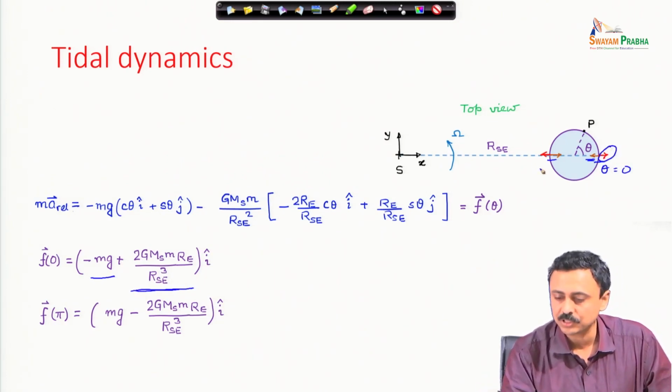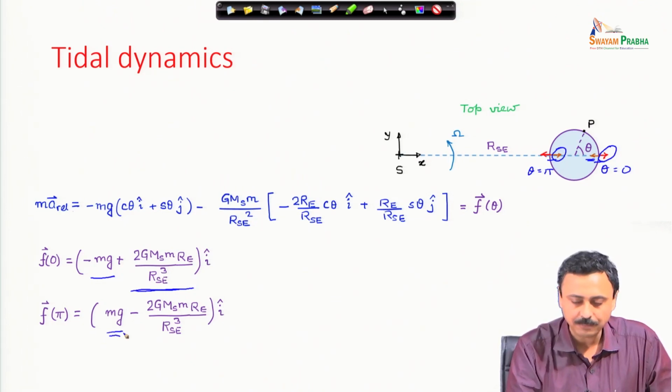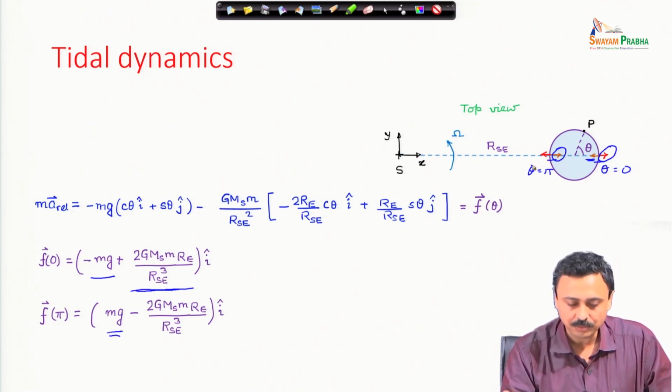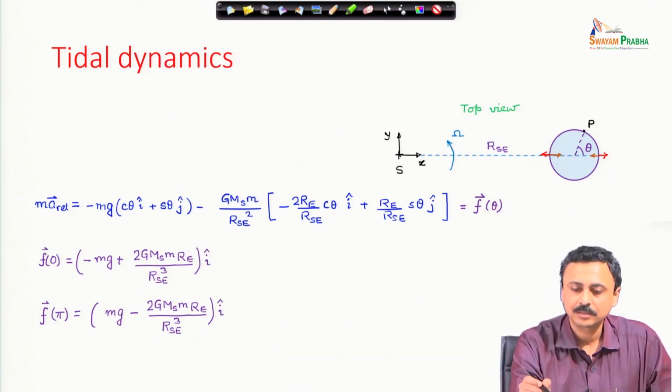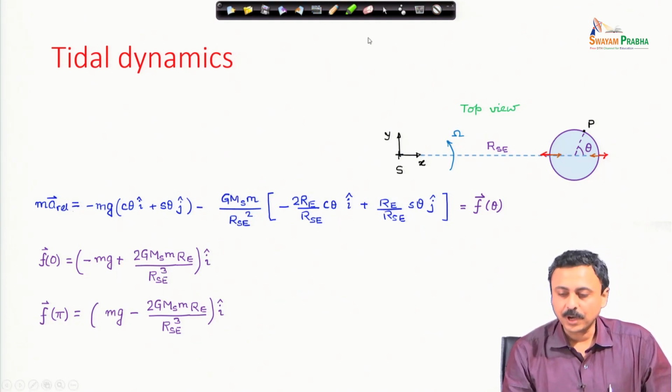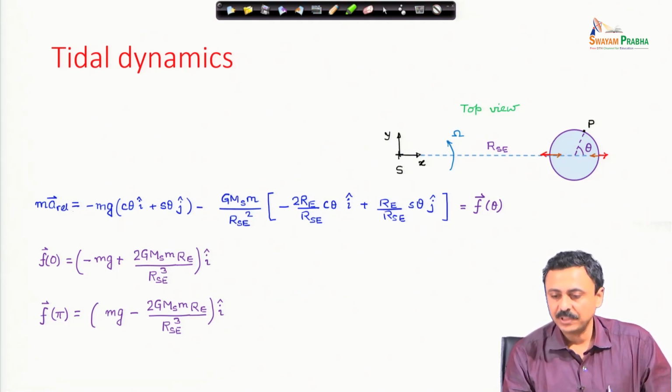Similarly, at theta equal to pi radian, I have the weight acting in the positive I cap direction and a small force which is acting in the negative I cap direction, which I have again shown by this red arrow. Therefore, apart from the weight, we have these red arrows which are to be observed.